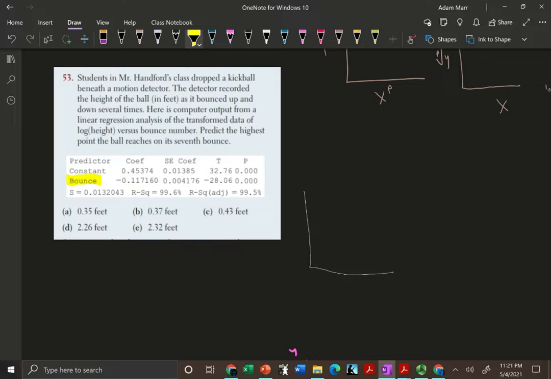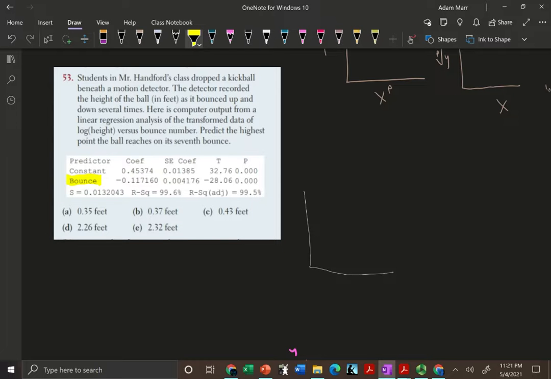Also, the detector recorded the height of the ball in feet as it bounced up and down.